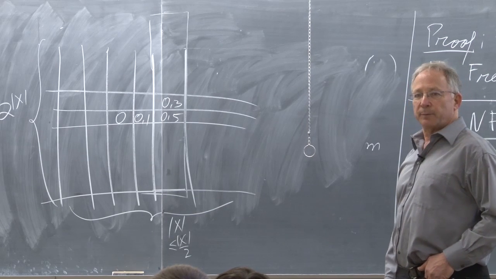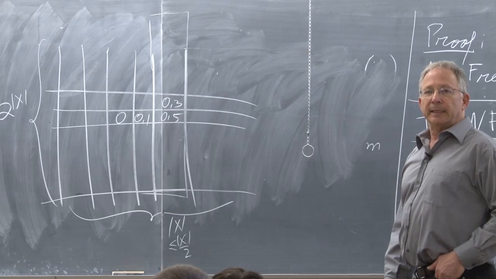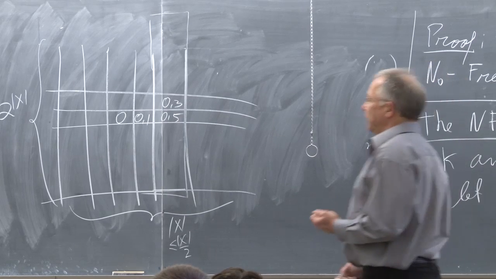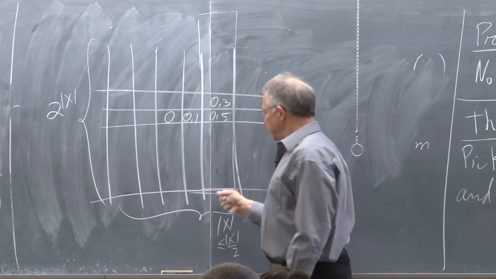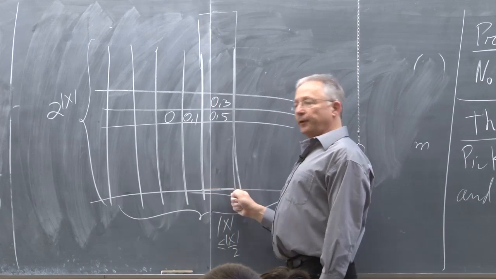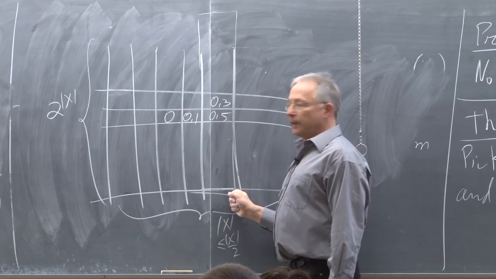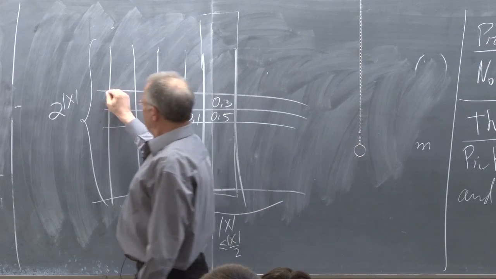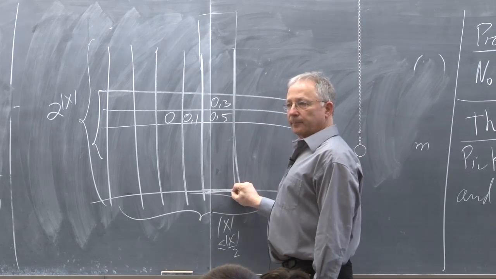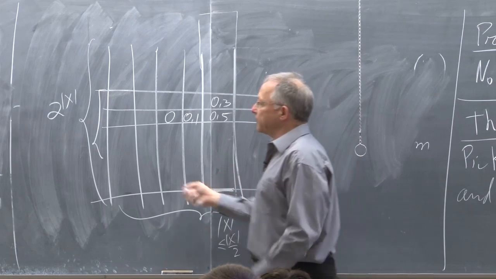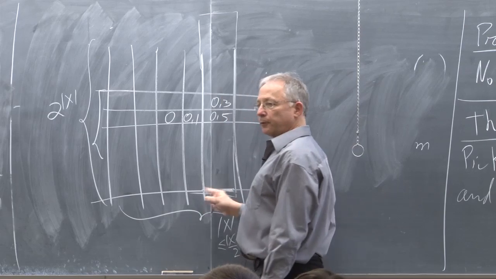Why is the average number of this column at least a quarter? Because, what is a column? A column is a fixed set of m points here. So I can group together all the functions that behave the same on this set. I can group functions according to how they behave on this sample.